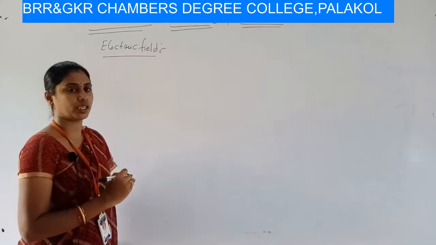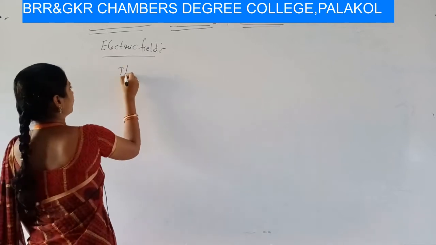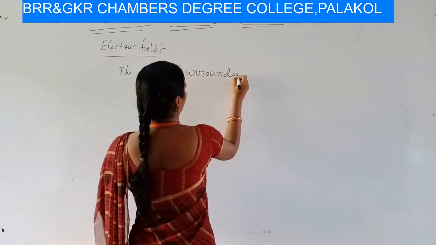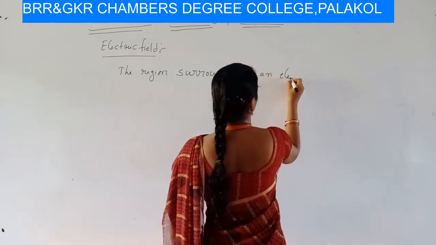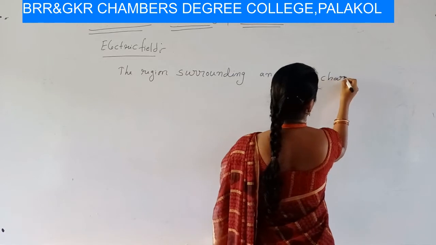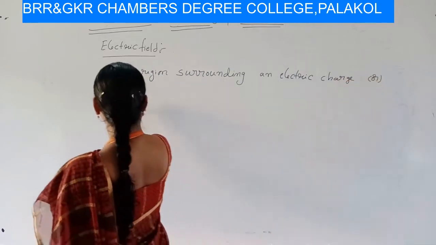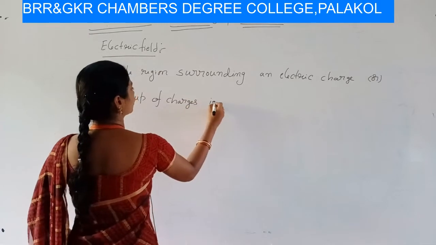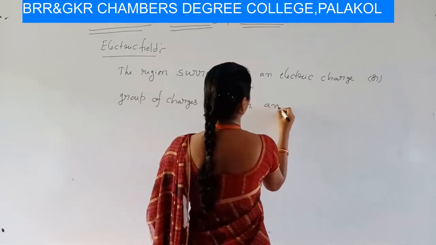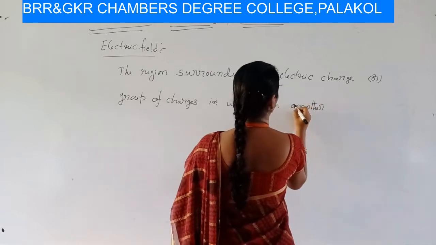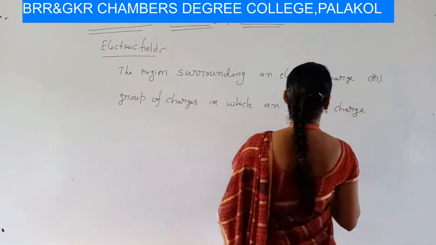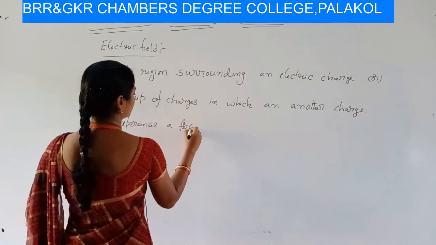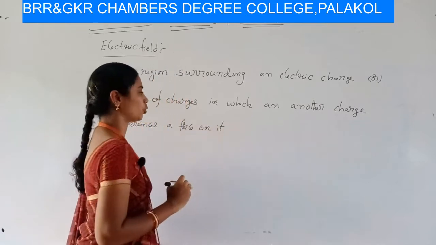The electric field is stated as the region surrounding an electric charge or group of charges in which another charge experiences a force on it is said to be electric field.